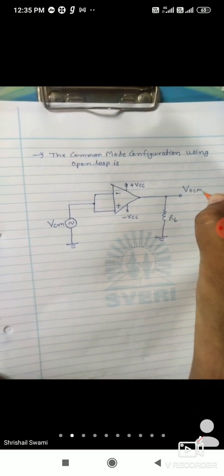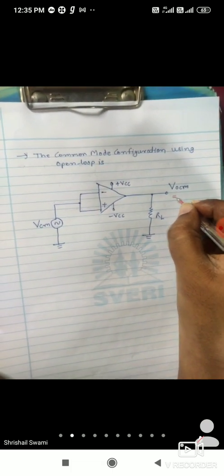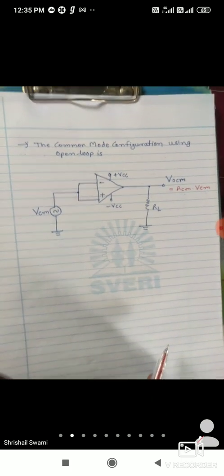This output voltage is VOCM. So what will be the output VOCM? That is equal to ACM into VCM. So the output voltage is given as the common mode gain ACM times the common mode input signal VCM. This is called the common mode configuration using open loop. There is no feedback, that's why it is called open loop.